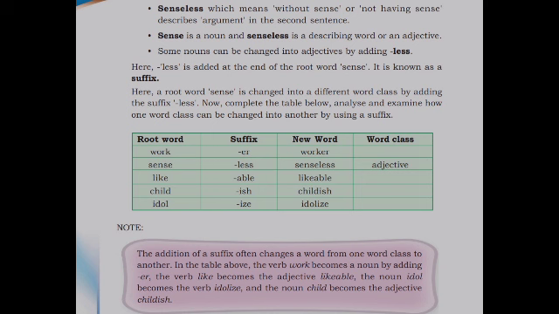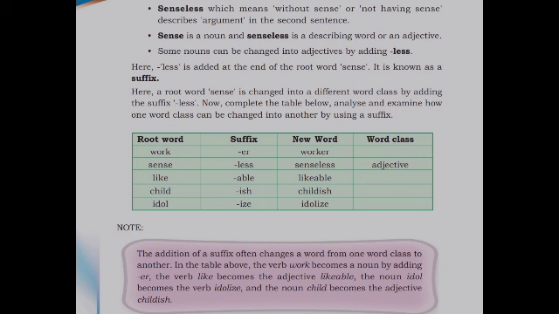Here, adding the suffix -er to the root word work, we get worker. Work becomes a noun by adding -er. Look at the box, children: work plus er, worker. And the verb like becomes an adjective by adding the suffix -able: likable.